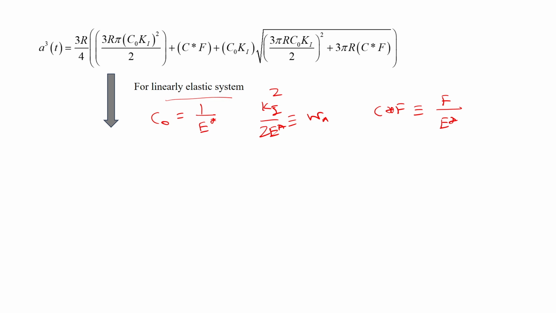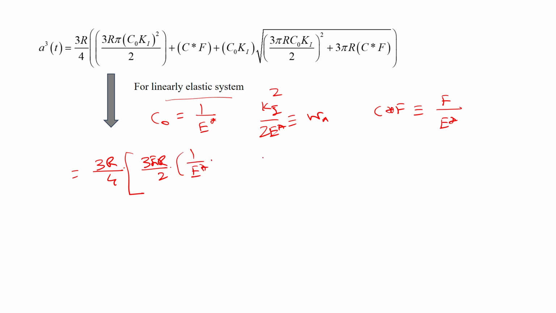So, you substitute that. So, this will be equal to 3r by 4, and here this is C0 into Ki. So, let us say 3 pi r by 2 and C0 into Ki, so 1 by E star into Ki.